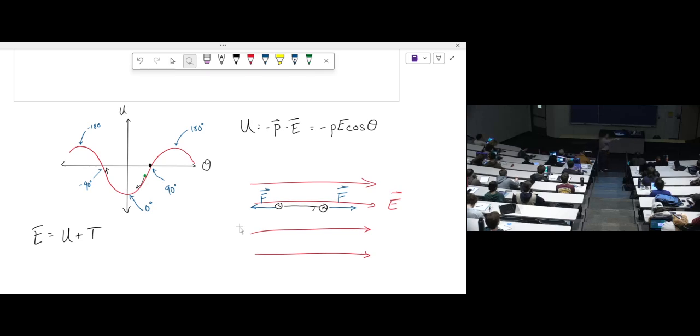Question or answer? Okay, question. If potential energy is zero, does that mean we're at maximum kinetic energy?